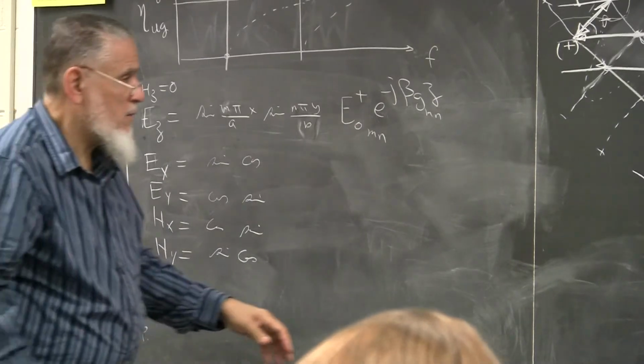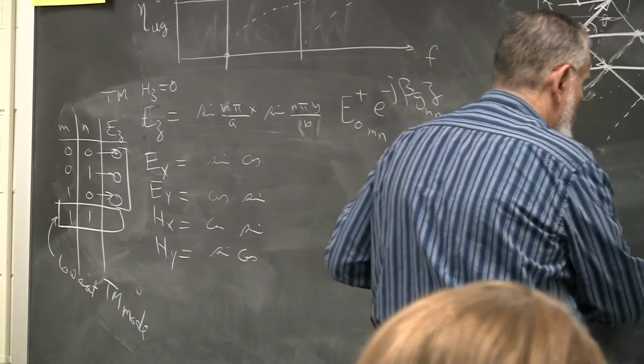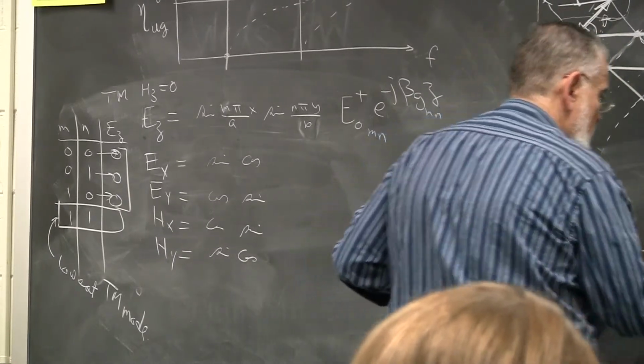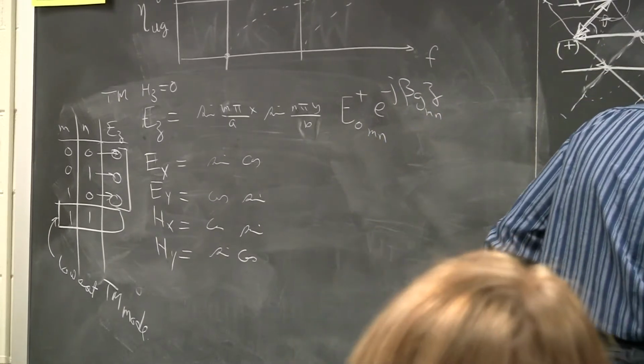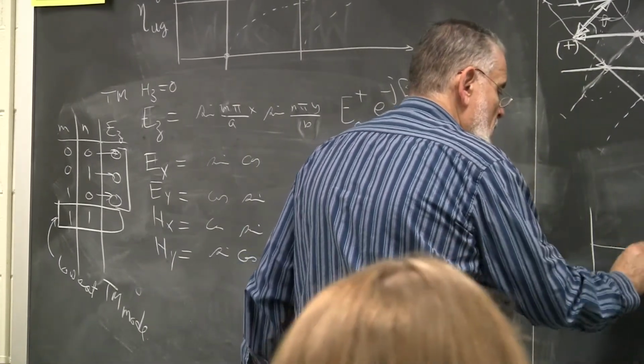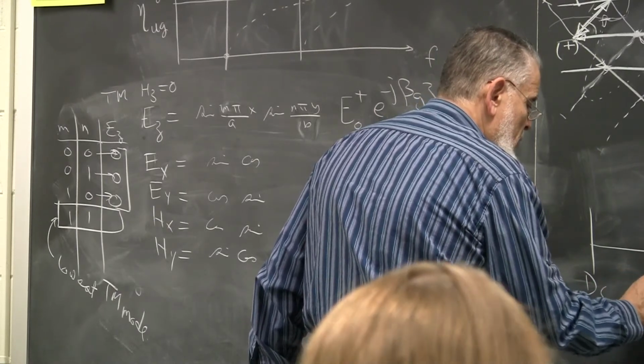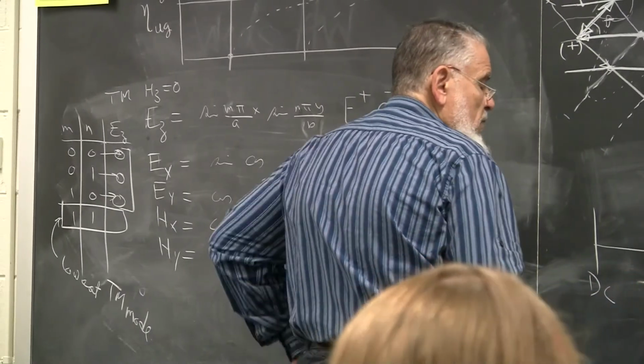Based on that, we go on the frequency axis. So the DC here, the 1-0 mode, TE10 mode will be the lowest order mode that will exist.